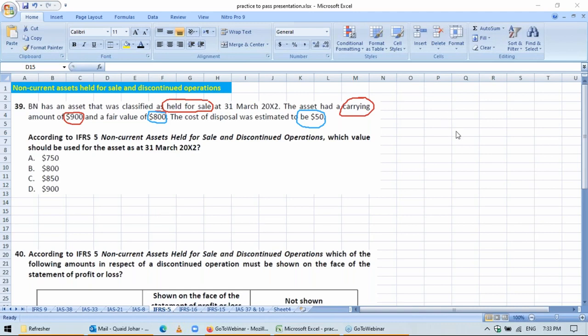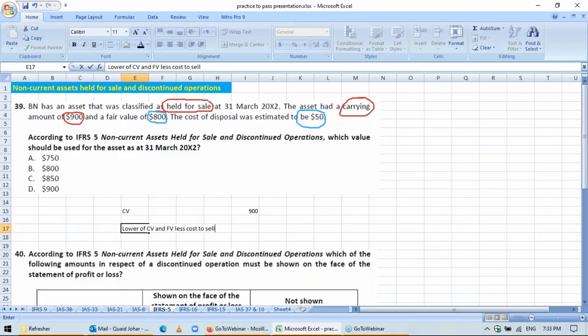So what the standard says over here is that a loss is expected in this question. The standard says that the asset will be carried at, right now the carrying value is $900, but after the decision it will be carried at the lower of carrying value and fair value less cost to sell.